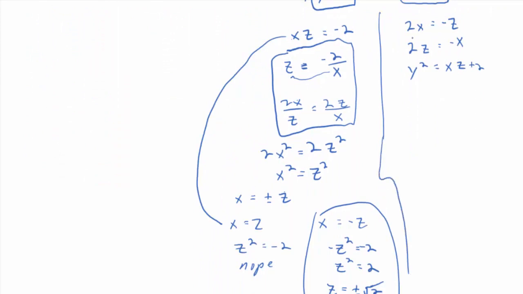All right. The first two equations, what could I do? Depending on how you want to do it, I don't want to divide, so I'm going to say x is equal to negative 2z. Does that make sense?